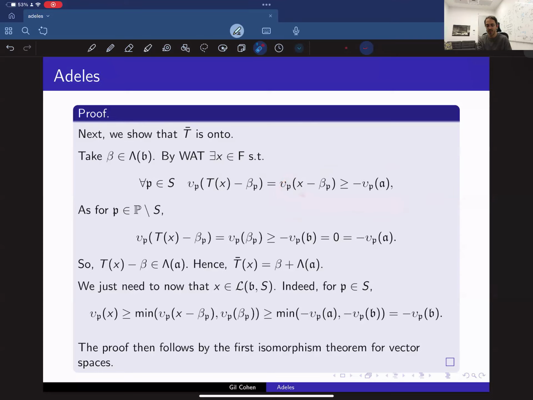VP of X minus the function that sits at the Pth location, beta, I want that to be larger than this particular value that I'm interested in. And note that because of the way T was defined, this is exactly the same as VP of Tx minus BP. You can have it or not have it.